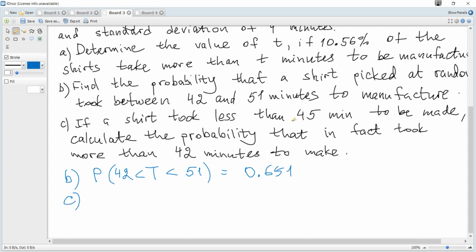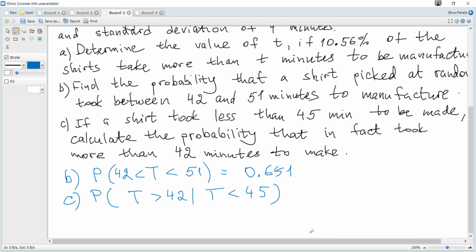Question C. If a shirt took less than 45 minutes to be made, calculate the probability that it in fact took more than 42 minutes to make. It's not given clearly, and we know that given indicates directly that it's about conditional probability, but you should guess or understand that it's about conditional probability. And what is the probability and what is given? So we need the probability that time is greater than 42 given it is less than 45.